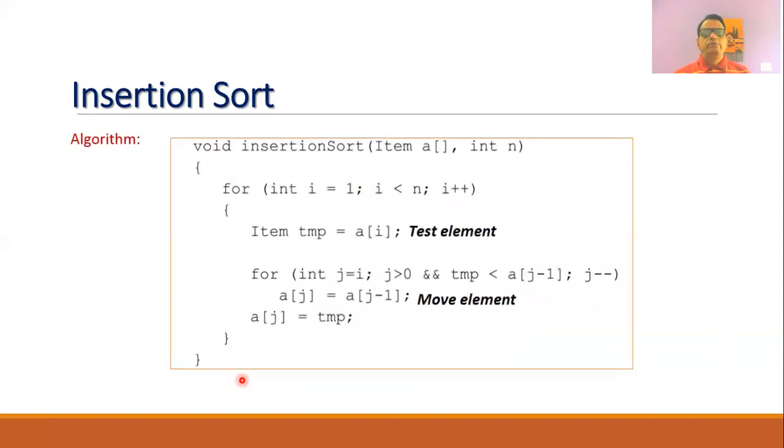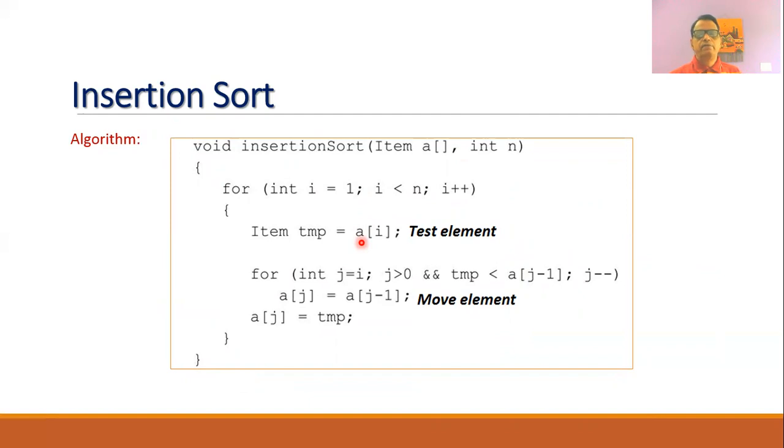We can write the algorithm for insertion sort by making use of two for loops. In the first for loop, we will make use of the control variable i. Here we are setting our test element.